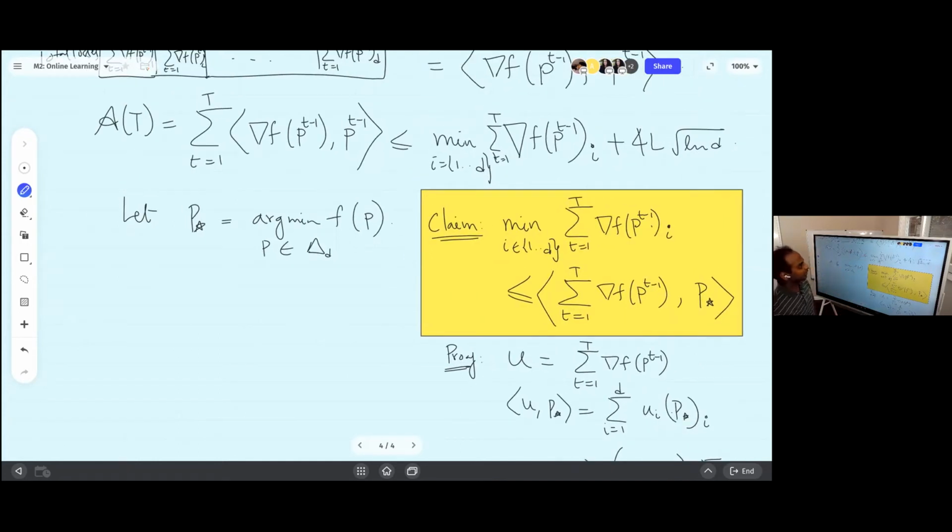Now let's combine these two inequalities. For what they're worth, one is coming from the regret analysis and one is just a property of vectors and probability distributions. So what do we get?